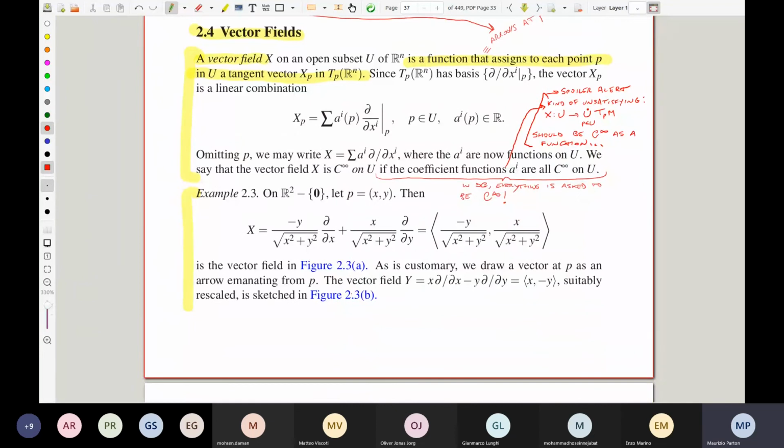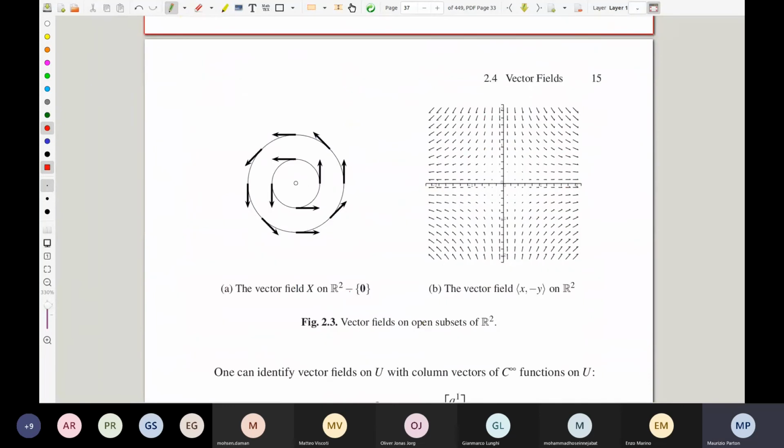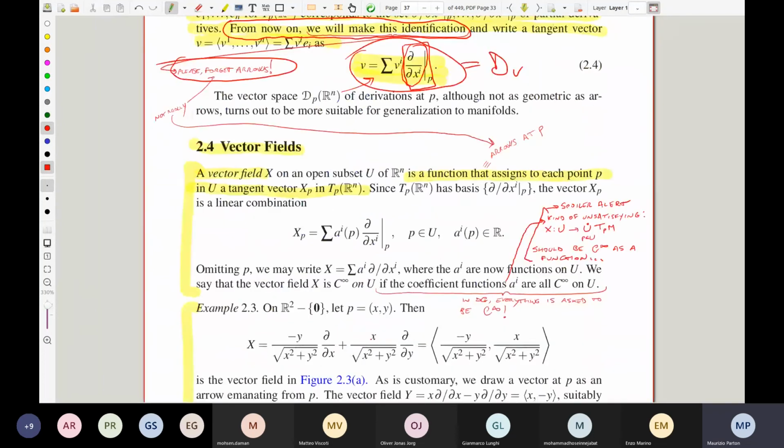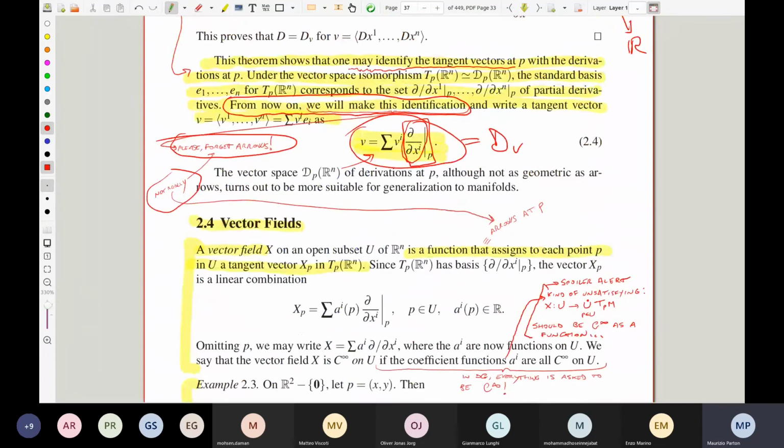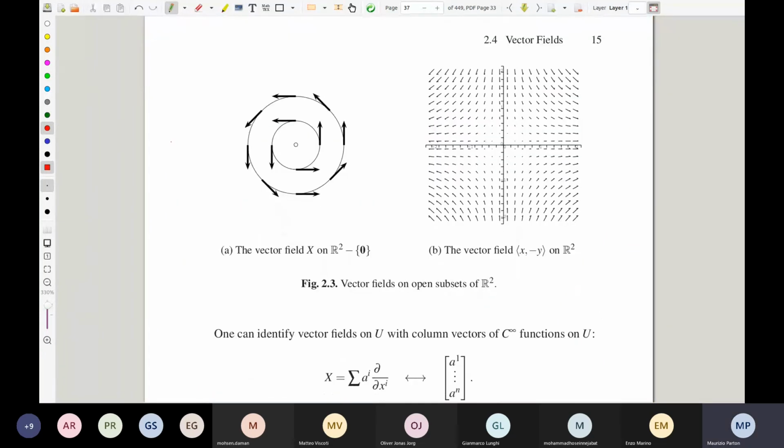Vector fields. I will just show you a picture. I know I told you to forget arrows. Well, for vector fields, arrows are useful. Okay, this is a vector field. You know what this means?